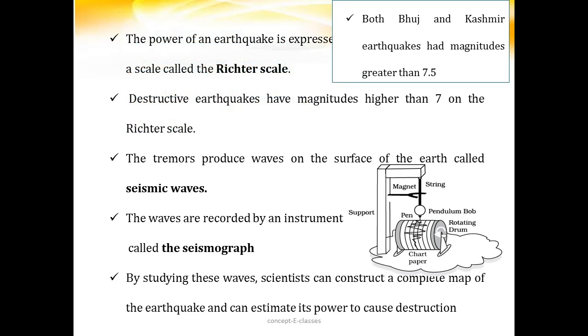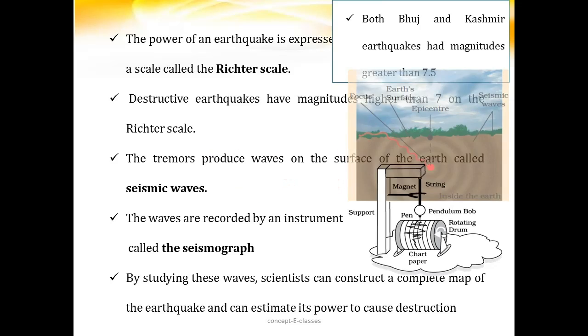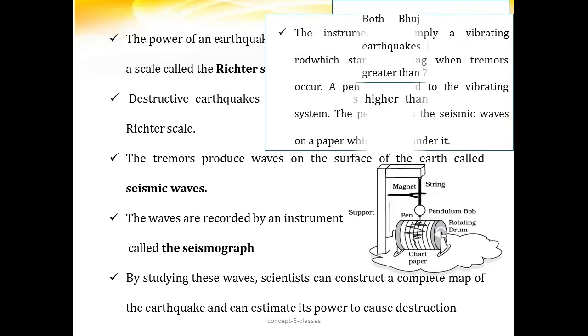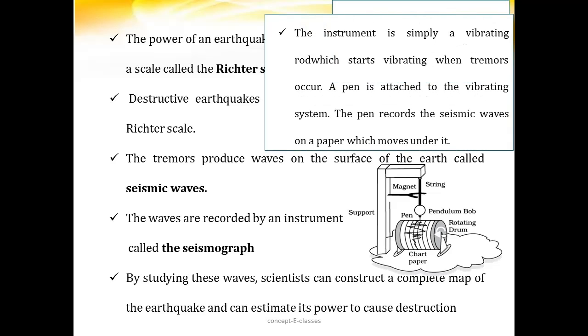Now let's see how earthquakes are measured. The tremors produce waves on the surface of the earth called seismic waves. Now the waves are recorded by an instrument called a seismograph. Now what is this instrument? This instrument is simply a vibrating rod which starts vibrating when the tremors occur.